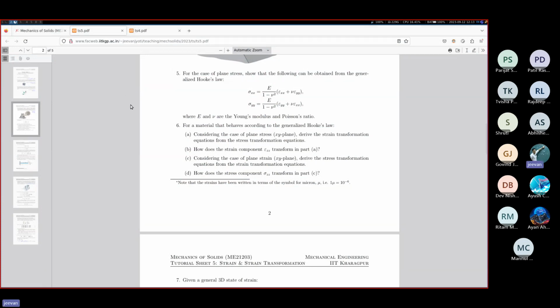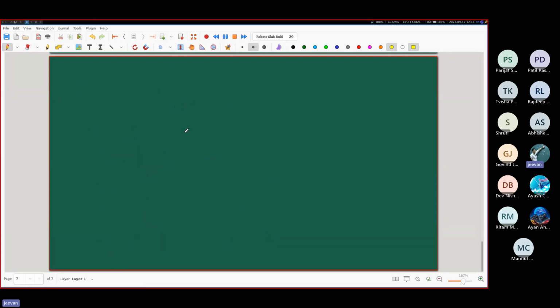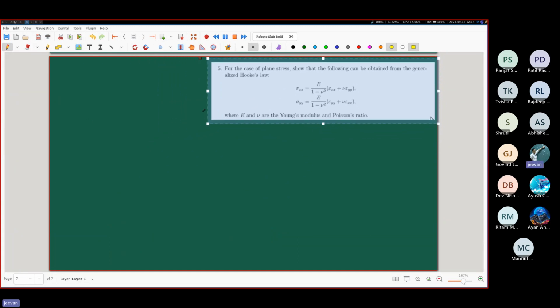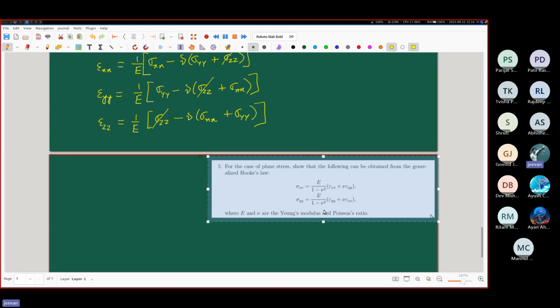So this is our question, and now you see, we basically need to find out the expressions of this sigma xx and this sigma yy.